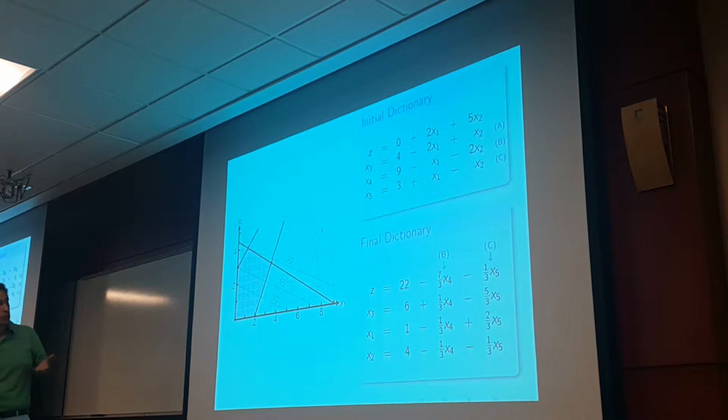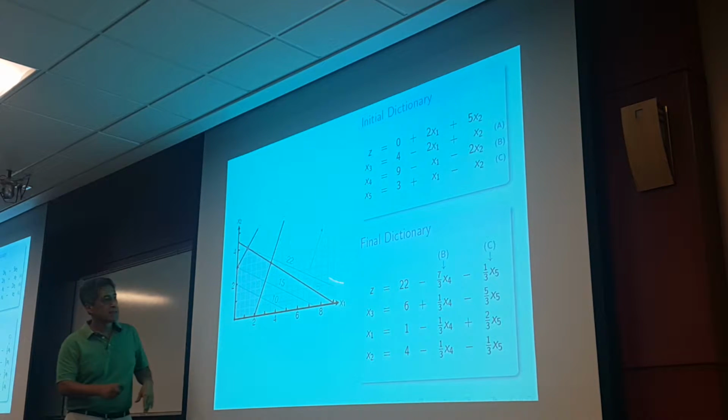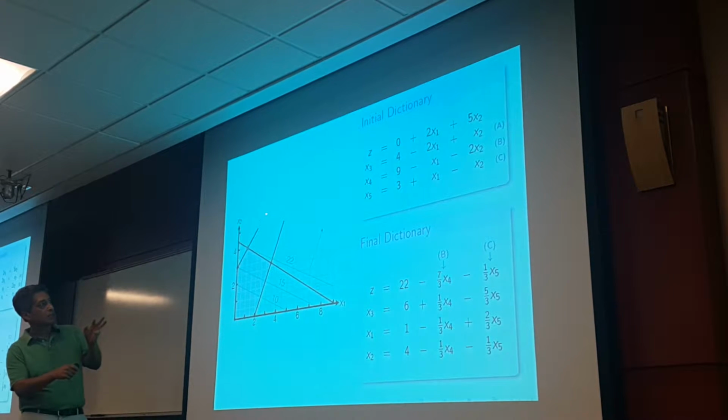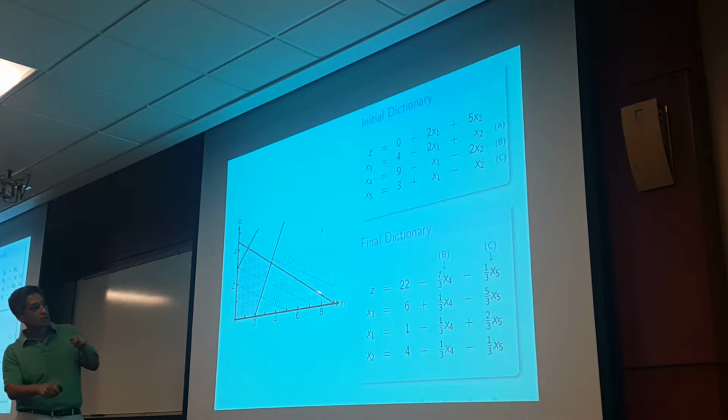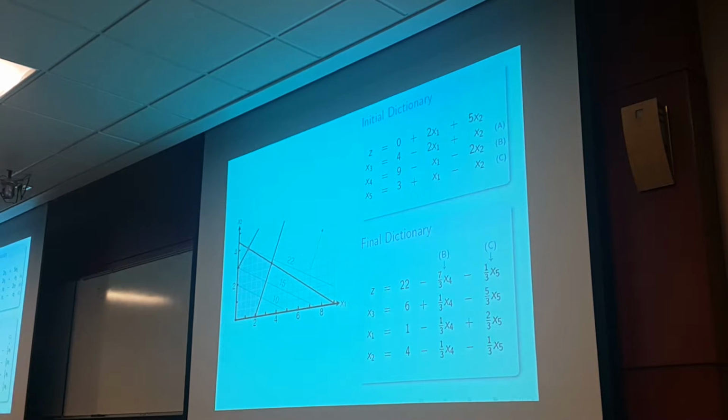All right, so here's the coefficient. You can see here that this vertex is the intersection of the bounding line for constraint C and the bounding line for constraint B. So that's that vertex.